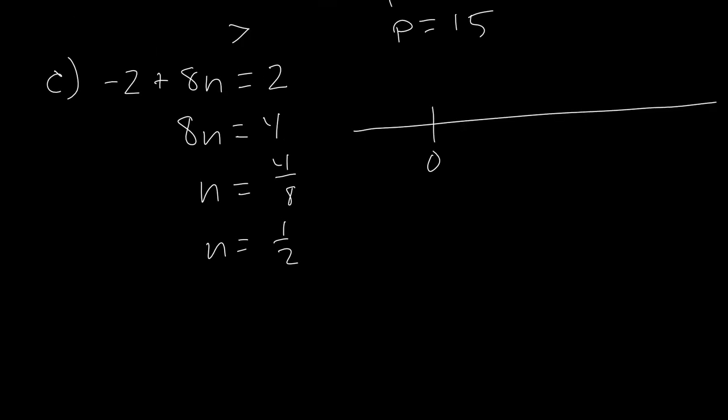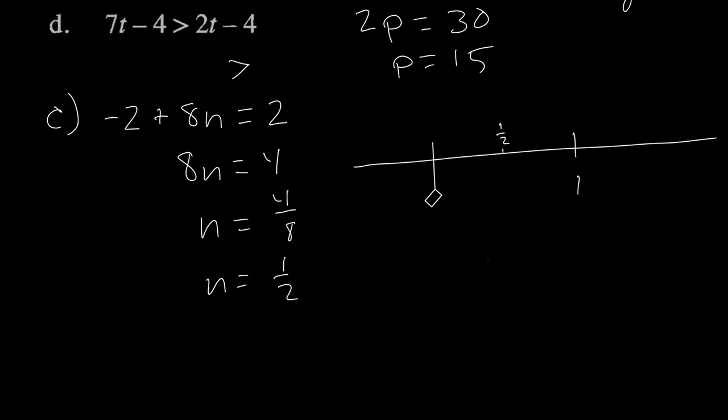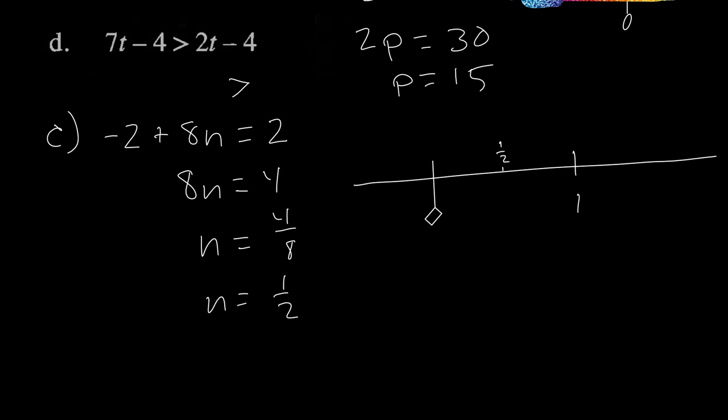Here's 0. Here's the number 1. And that means right in here would be 0.5. This is 1/2. So I can still test 0. If I plug 0 in, then it's going to become -2 is greater than 2. That's false.